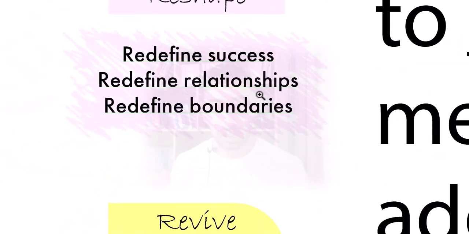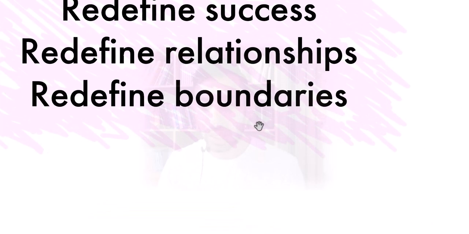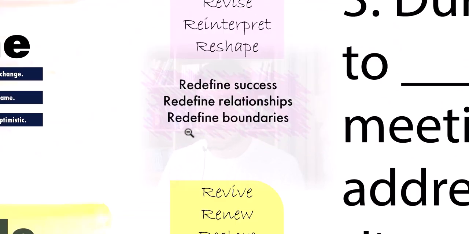What is the meaning of success in our mind? Maybe our understanding of success is not correct, so we need to define it again. We need to reshape our image of success in our mind. We need to redefine it. We need to redefine our relationships sometimes. Maybe our understanding of our relationship is not correct. Redefine boundaries. So these are some collocations to redefine.